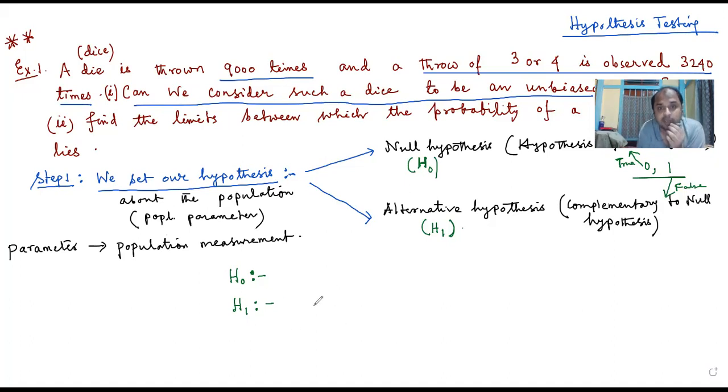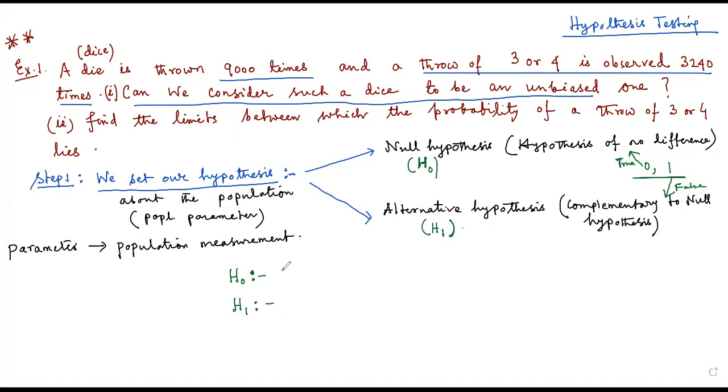That means you are considering your dice to be an unbiased die. That will be a hypothesis of no difference. Since H0 is a statement, here I am going to write that I'm making this judgment that the given dice is unbiased.